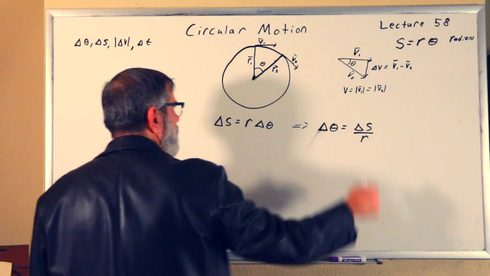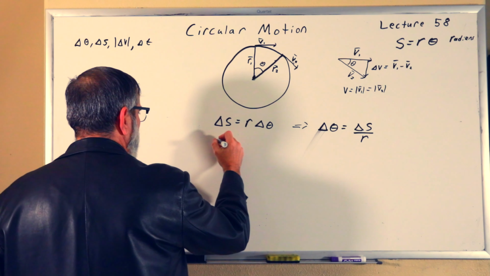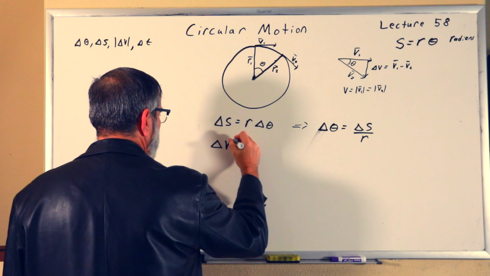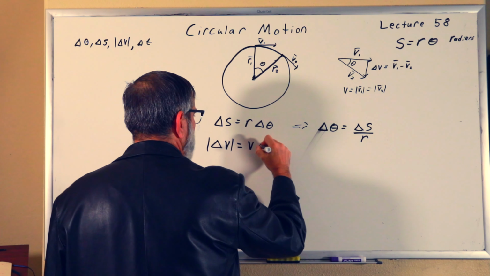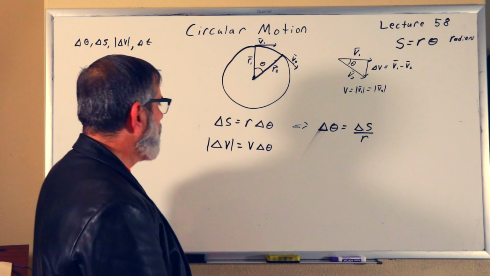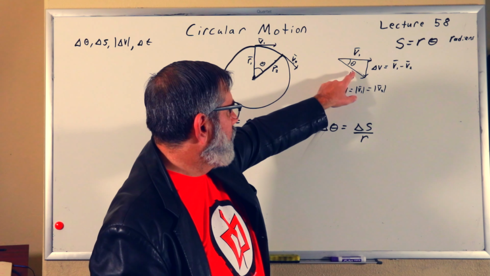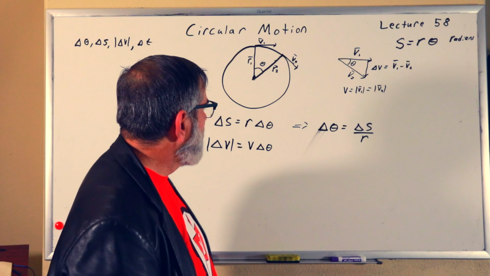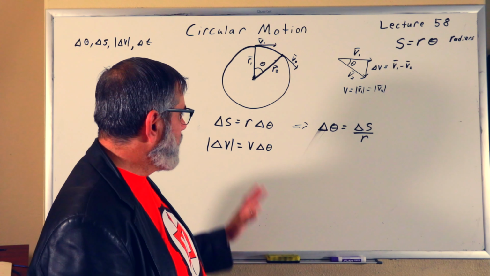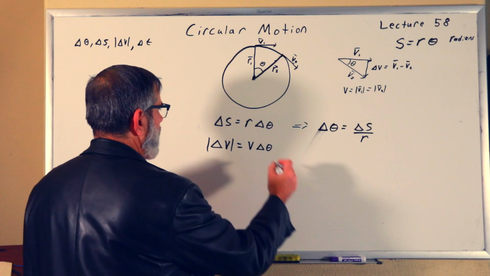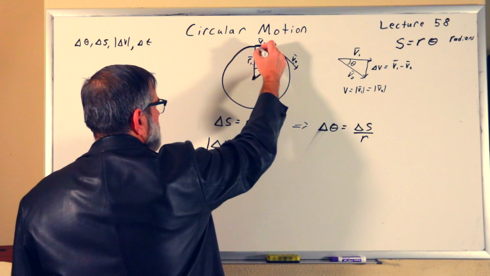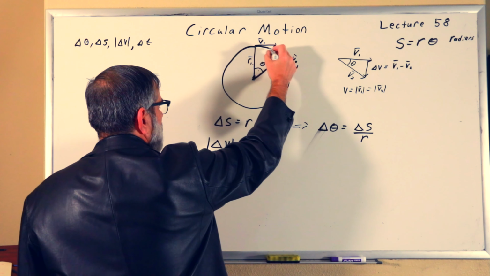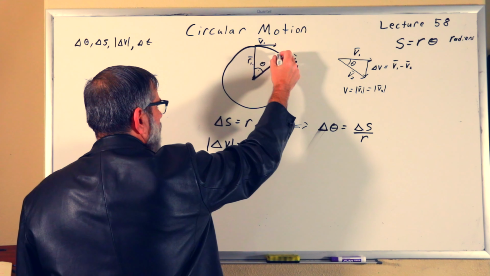Similarly, from the similar triangle over here, we can write that delta v is equal to v times delta theta, where v is the magnitude of v1 or v2, in complete analogy. Here the r is this, the delta theta is this angle, and the delta s is the distance we traverse going from r1 to r2.